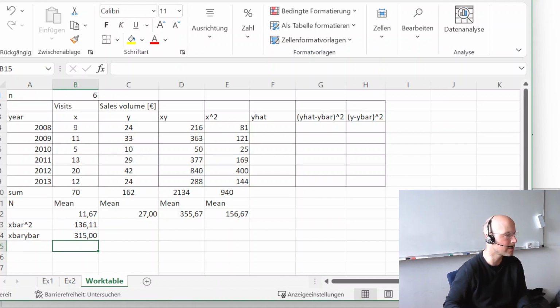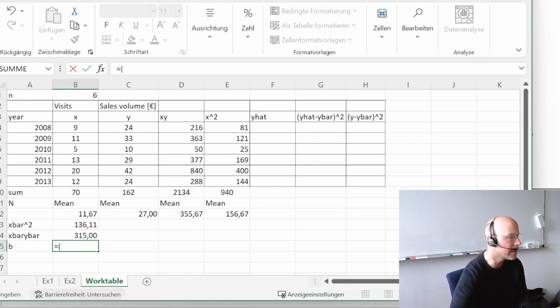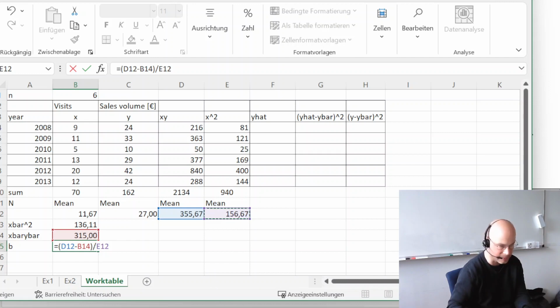This I also do in Excel. What do I need? b equals, opening the bracket, 355.67 minus 315, divided by X squared bar 156.67 minus X bar squared 136.11.